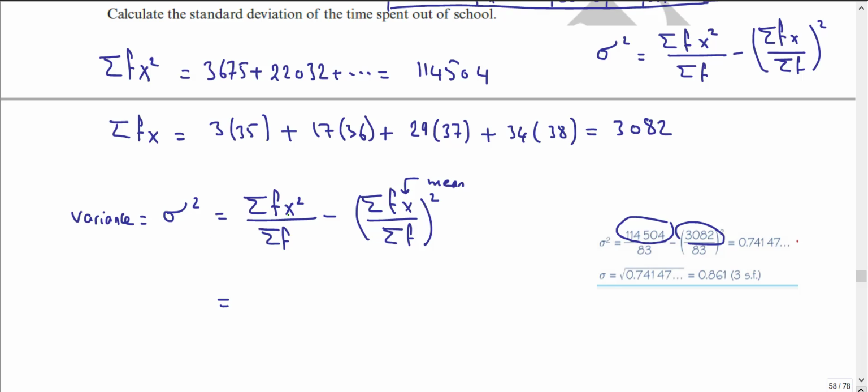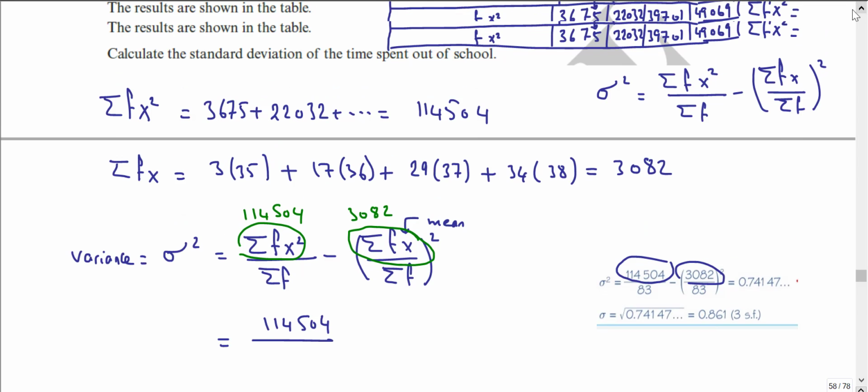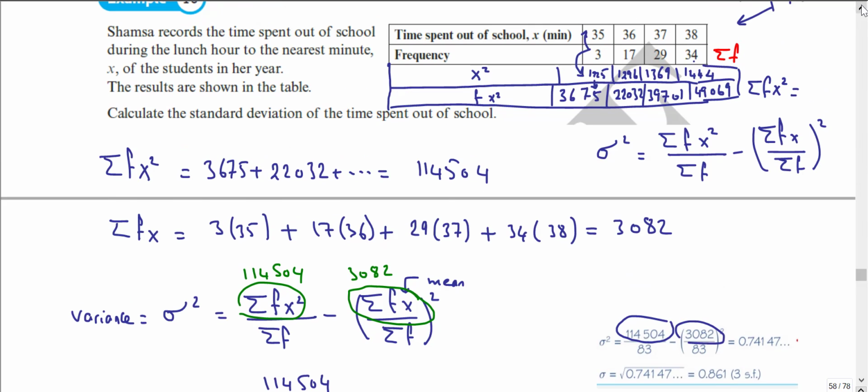Now write this rule. We have 114504 and we have 3082. So what to do next? Substitute. 114504 divide sigma f. What is sigma f? It is the total number of frequencies. This is 3 plus 17 plus 29 plus 34, which is 83.